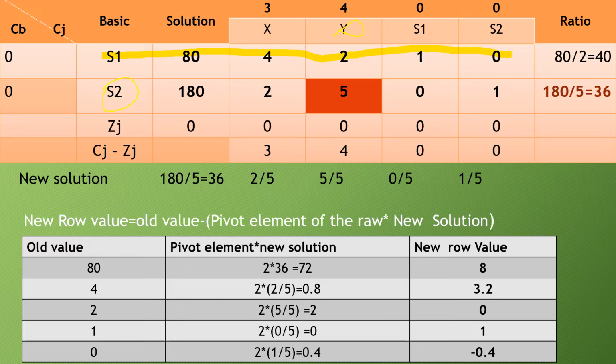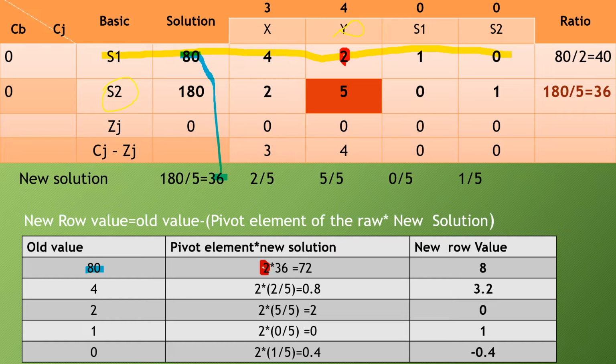Here, in the first one, the old value for the solution is 80. In this row, the pivot element is 2. So we are going to take 2 and multiply it with the new solution value, which in this one is 36.